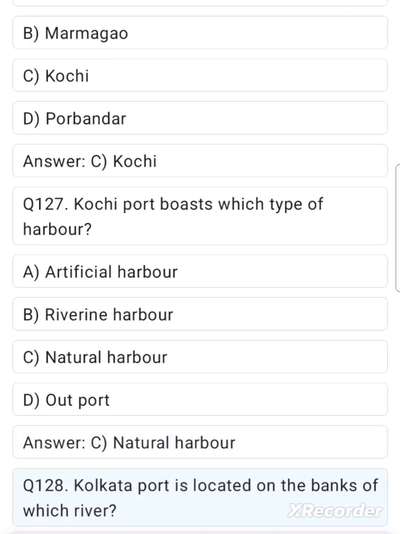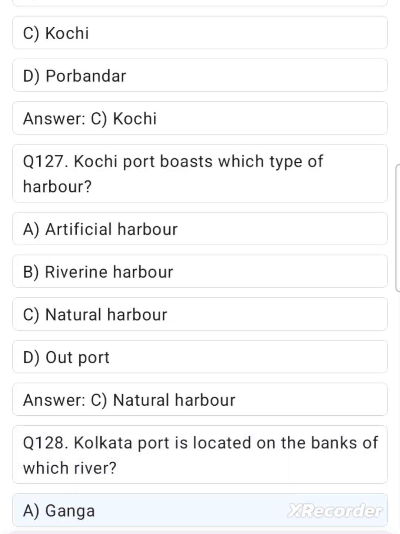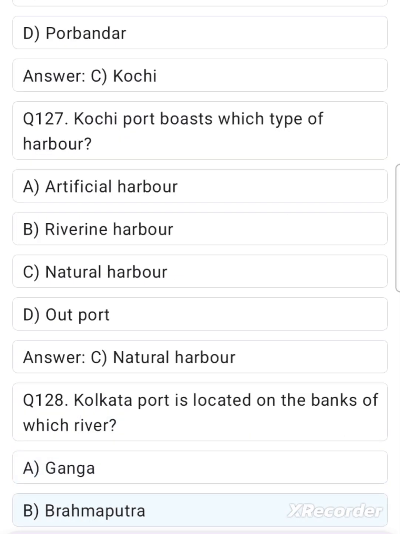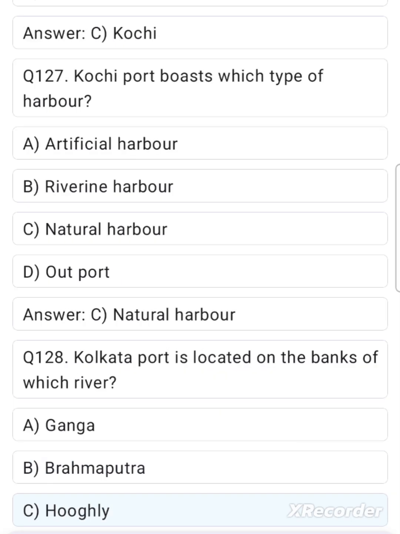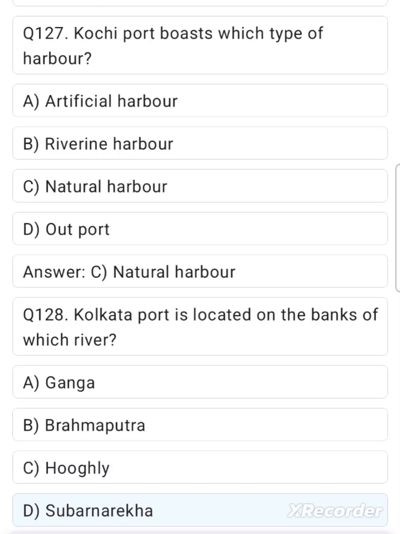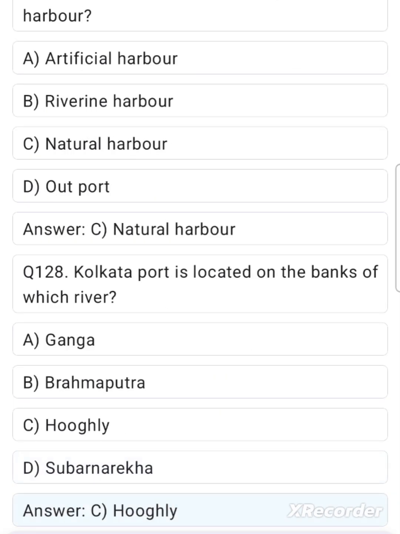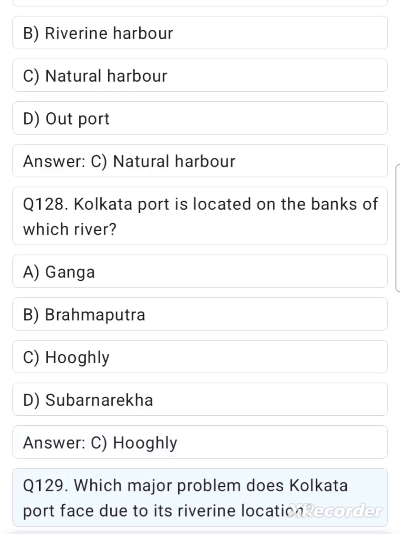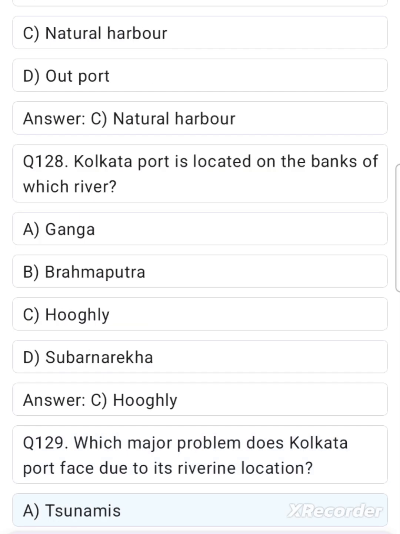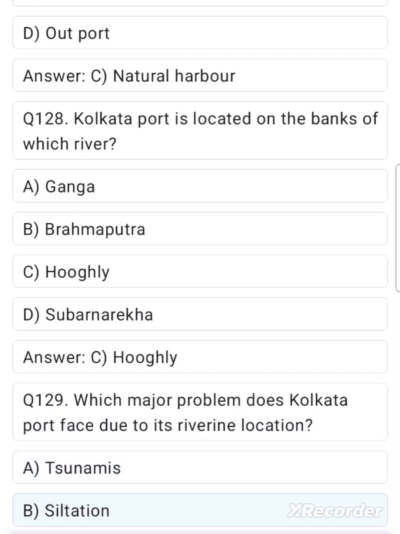Q128. Kolkata port is located on the banks of which river? A. Ganga. B. Brahmaputra. C. Hooghly. D. Subarnarekha. Answer C. Hooghly. Q129. Which major problem does Kolkata port face due to its riverine location? A. Tsunamis. B. Siltation.